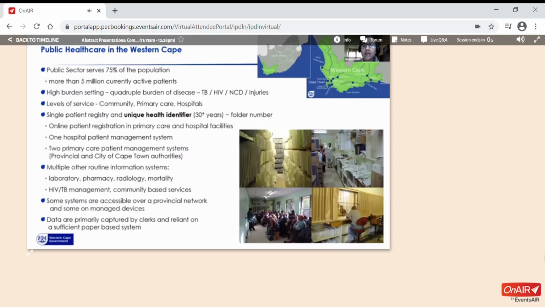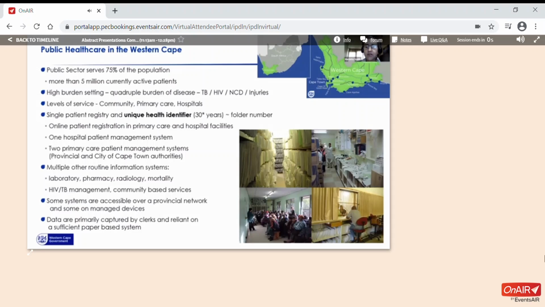Healthcare is provided on 3 levels, but patients are mostly seen at primary care and community clinics. Most of the visit information is captured in the hospital management system, and the two primary care information systems are run by the province and the city of Cape Town.